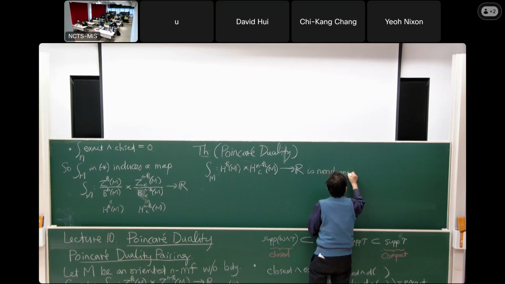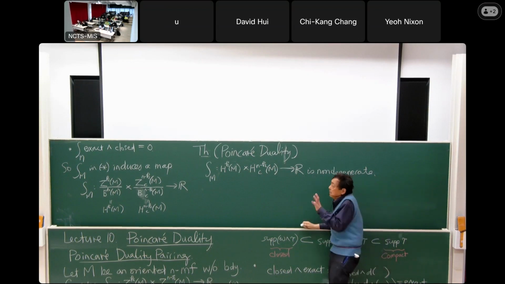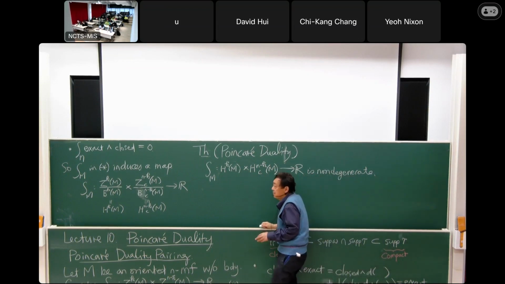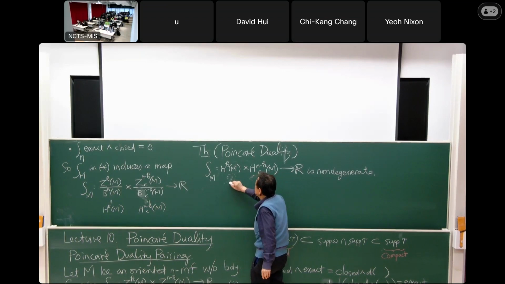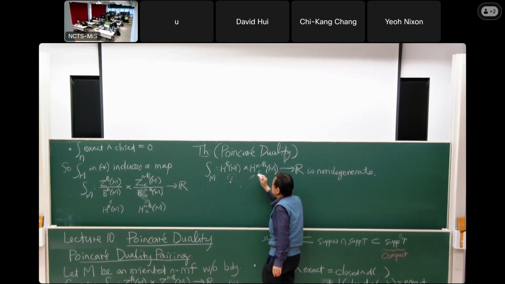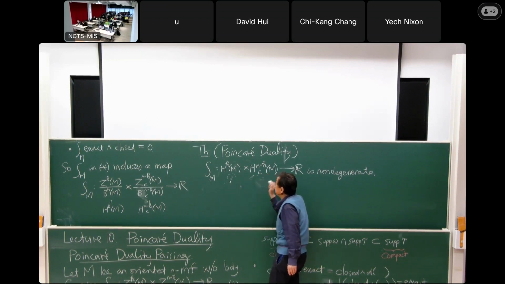Okay. So last time I defined what non-degenerate means, right? It means if you take something here and you get zero for everything in the second factor, then the first one is zero.